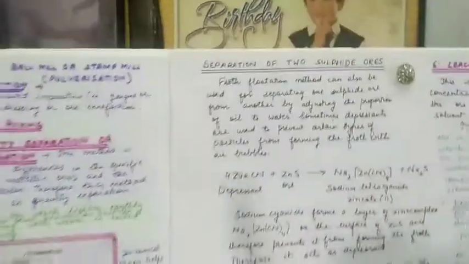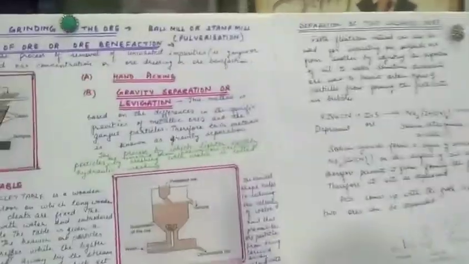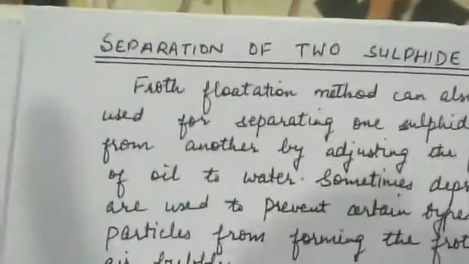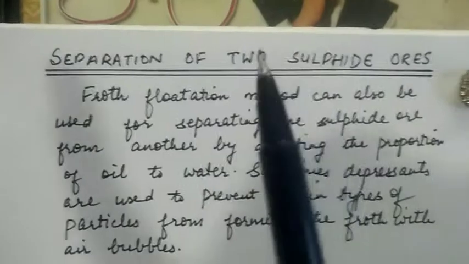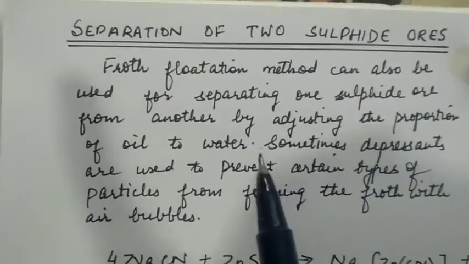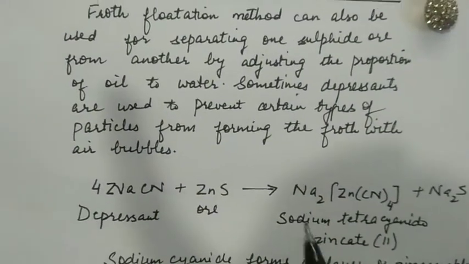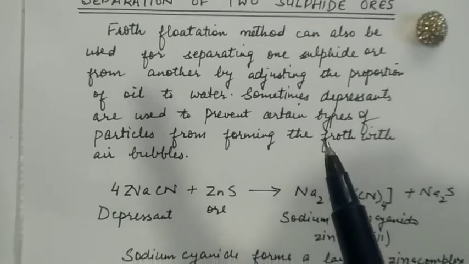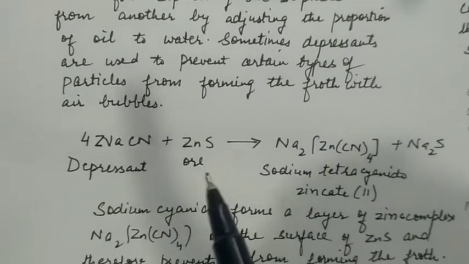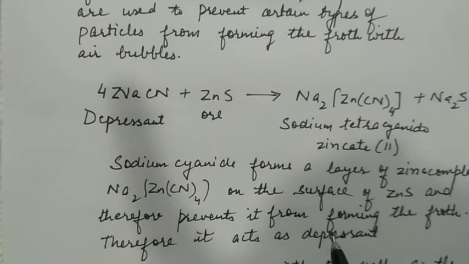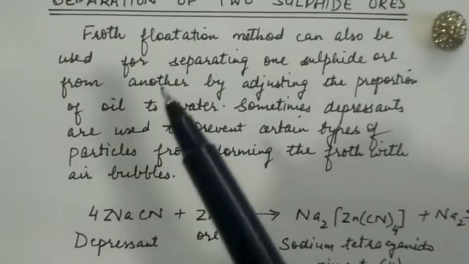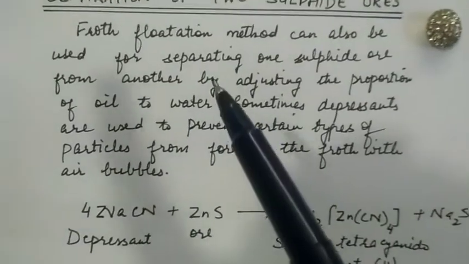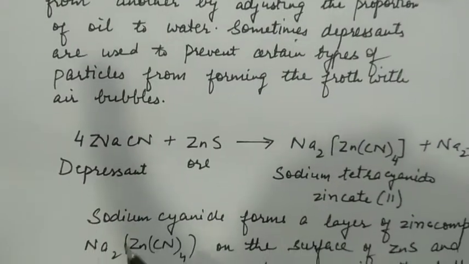Sometimes, if the ore is a mixture of two sulfide salts, then we can use some depressants to separate them from each other. For example, the ore of zinc sulfide comes attached with lead sulfide. To separate the two, we use depressants such as sodium cyanide.